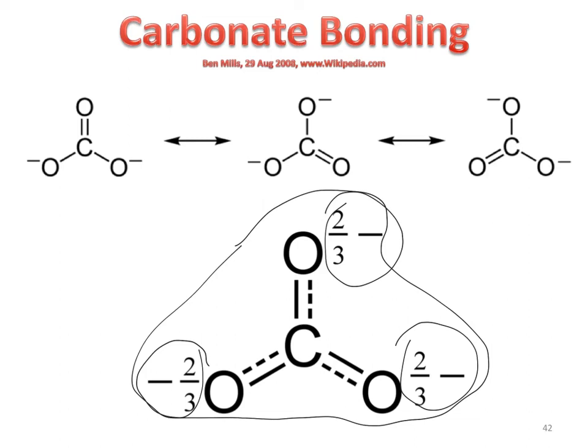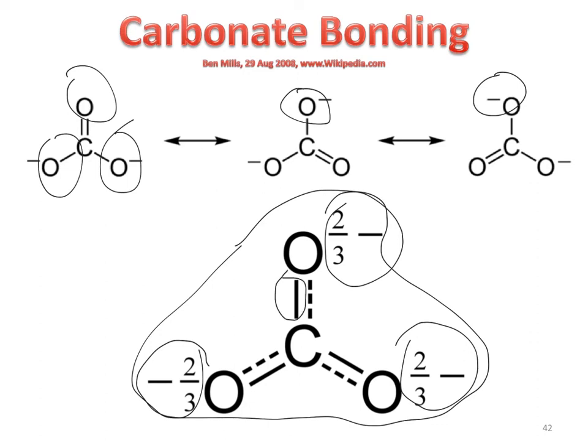And on average, this one at the top has no formal charge and then has a -1 formal charge 2 of the 3 times. Same for the one on the lower left and the lower right. They have a negative charge 2 out of 3 times for a -2/3 charge. This single solid line in the Lewis-like structure, or the resonance structure, represents 2 electrons, and the dashed line represents any number less than 2 electrons.